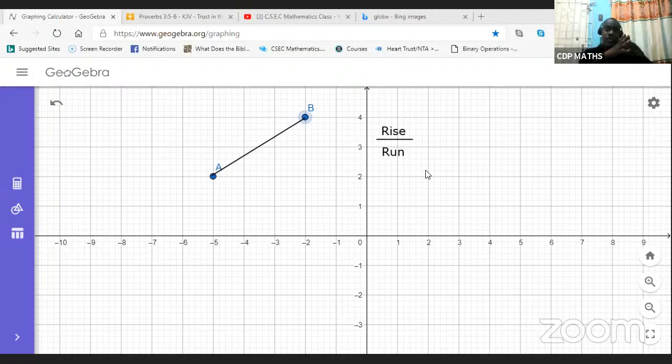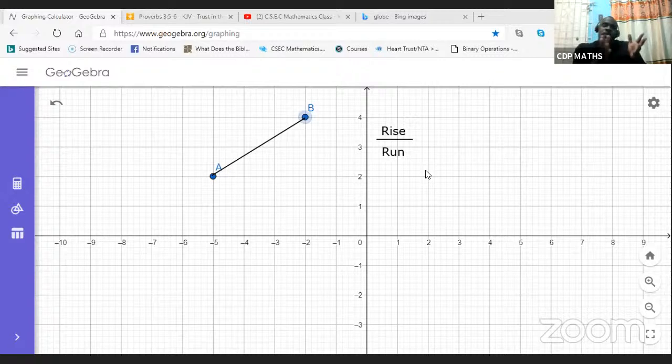It has a verb, which is to divide, and the predicate really is the line and run. So mathematics is as simple as the English language. The rise divided by the run.